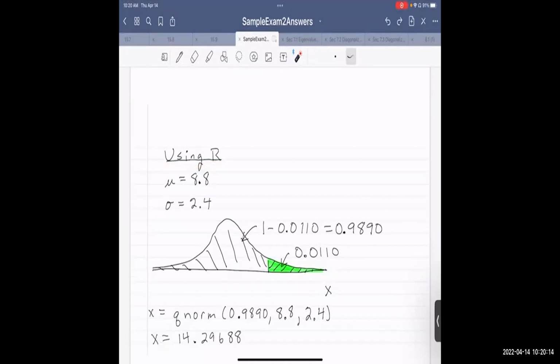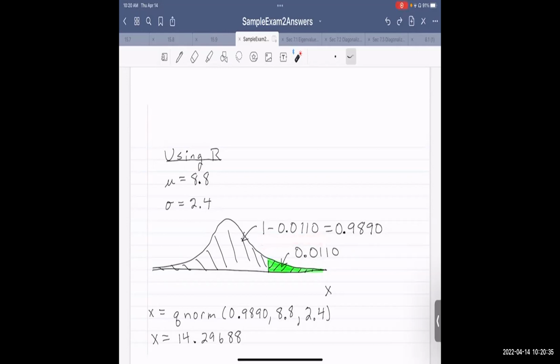So again, we have that the mean is 8.8 and the standard deviation is 2.4. We want to find the critical value where the area of the right tail is 0.0110. Let's figure out the area of the left tail.